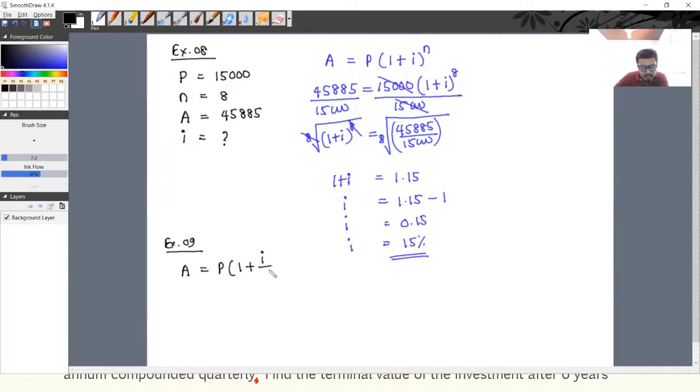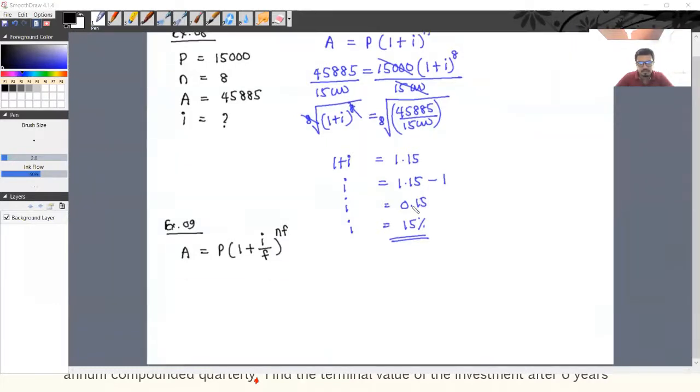The interest rate we need to divide by F. F means how many times it gets compounded per year. To the power, it should be not only N, it should be NF, N into F.